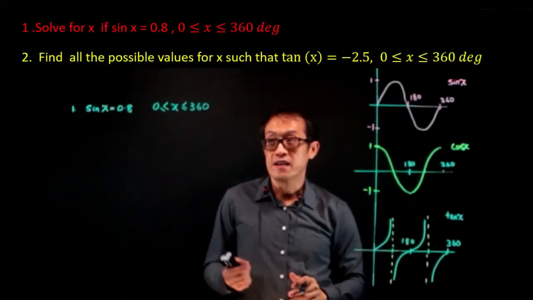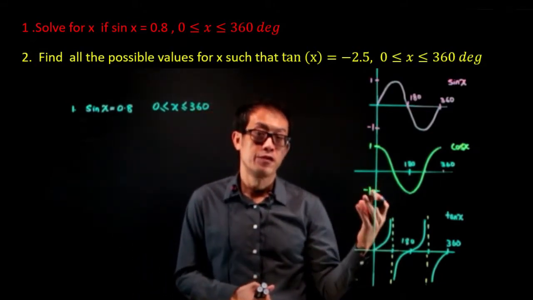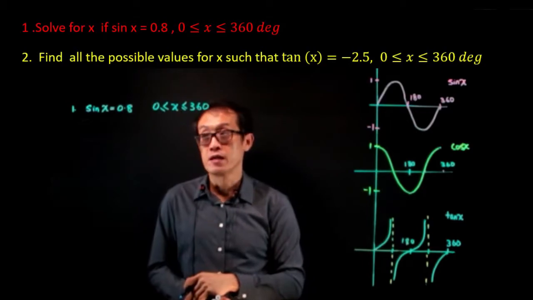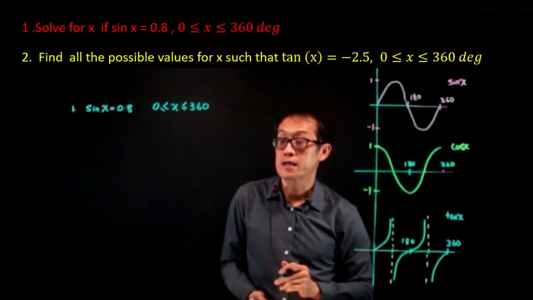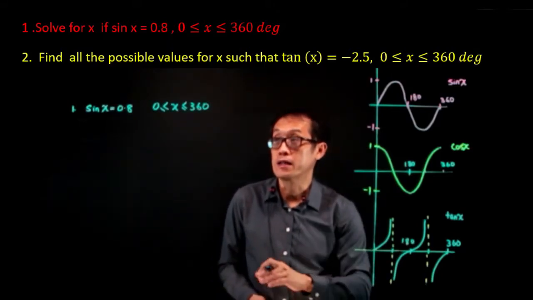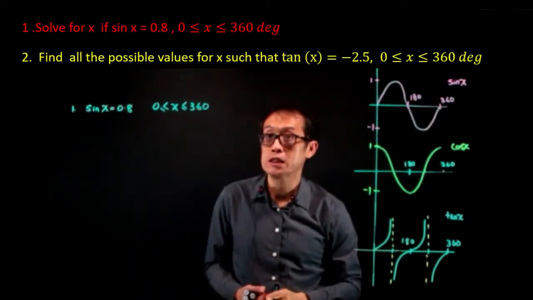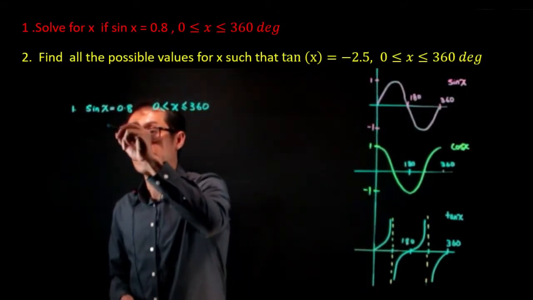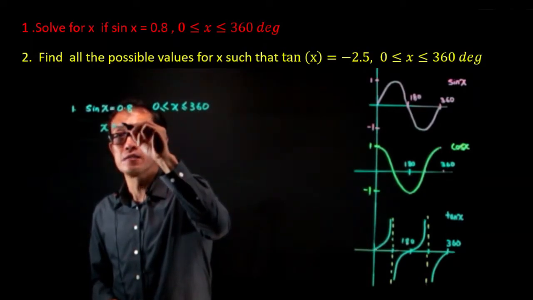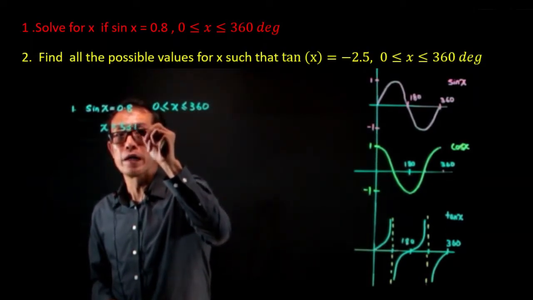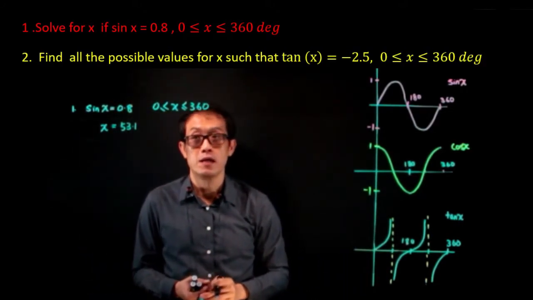Now let me show you through examples how you are going to solve trigonometric equations. Let us begin with the first sum: sine x equals 0.8, and x is between 0 and 360. For this one you can just use a calculator. You key it in and you will find that x is 53.1 degrees. Is that the only answer?